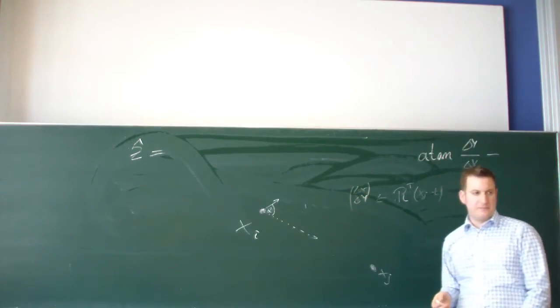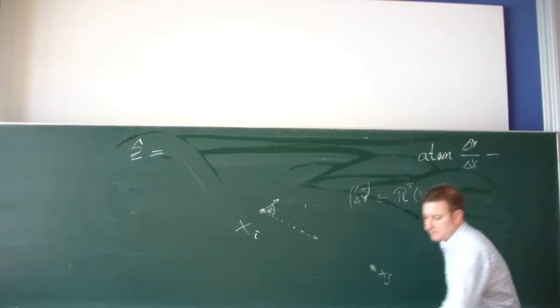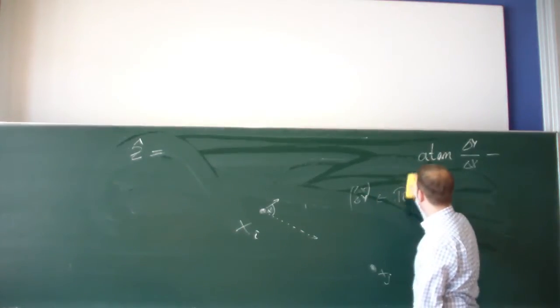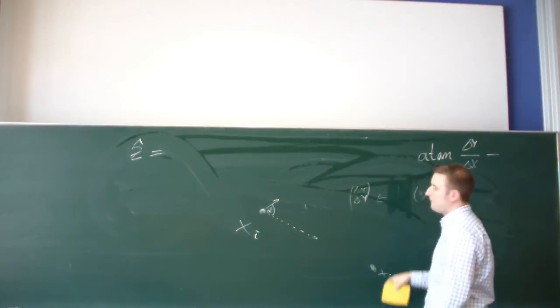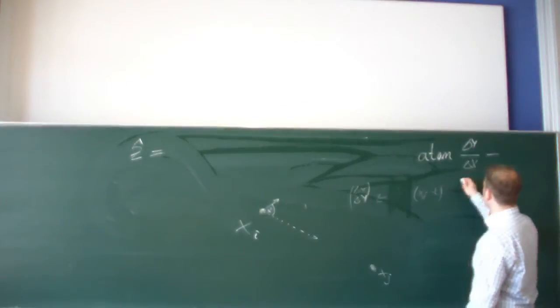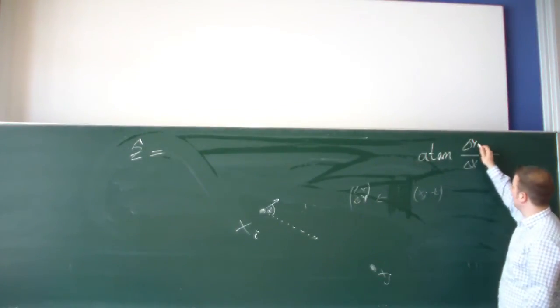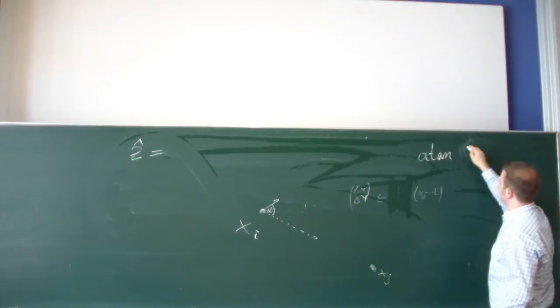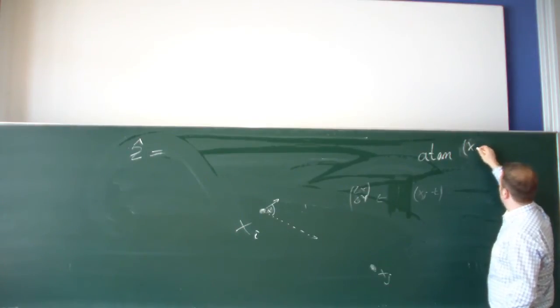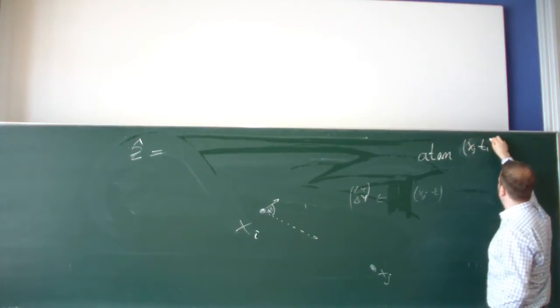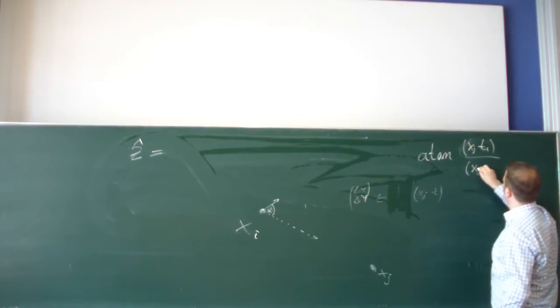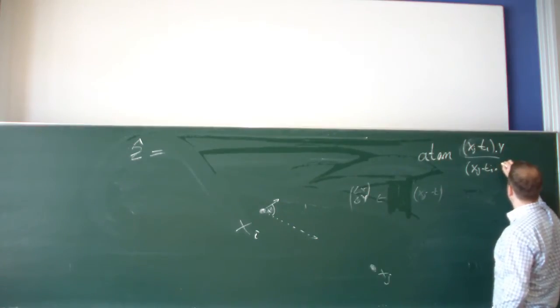Let's do it that way: just take xj minus ti and take the y coordinate and the x coordinate.